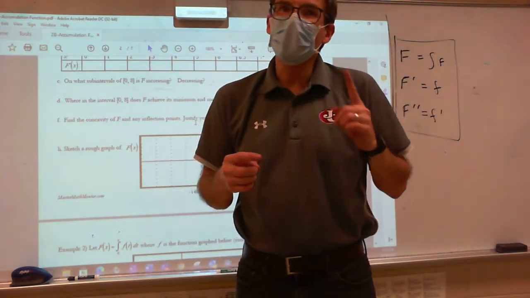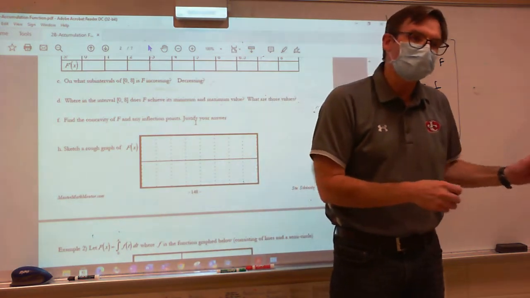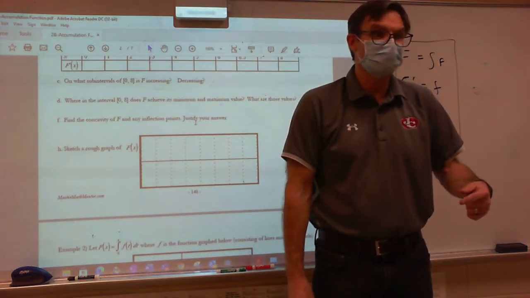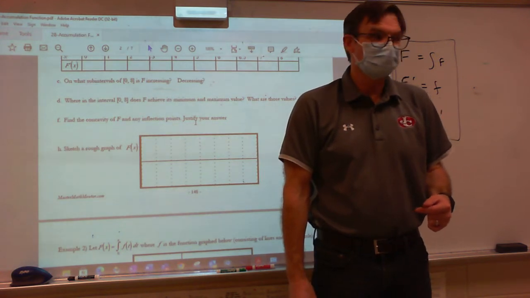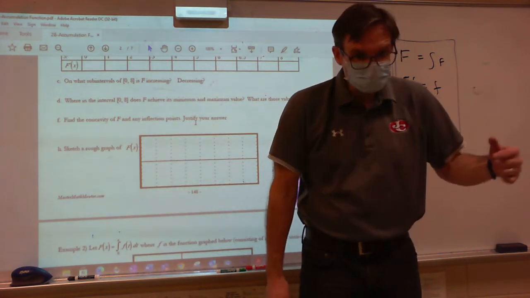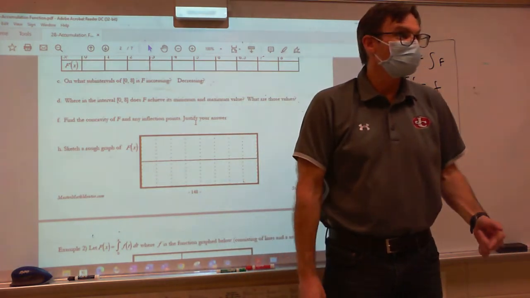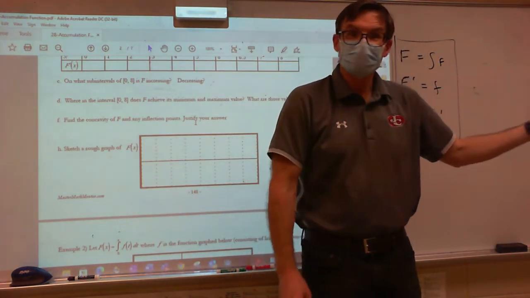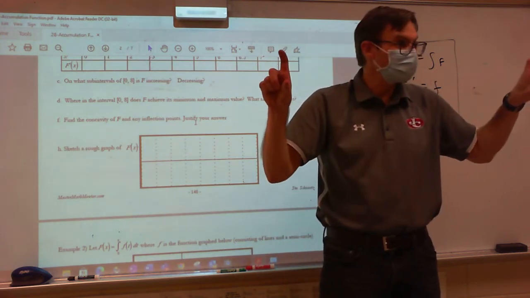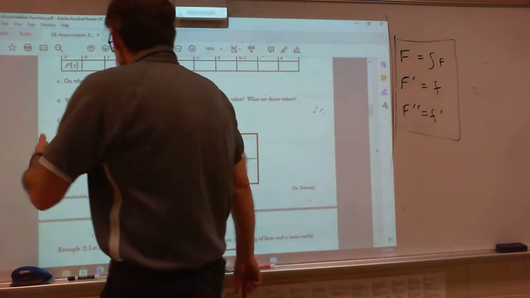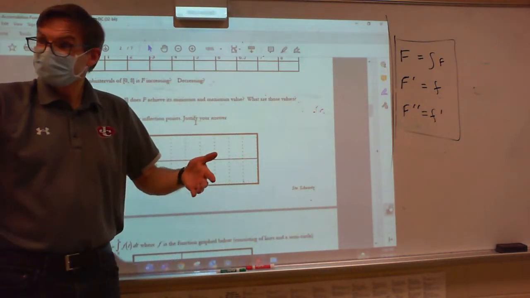And what was the one thing that the AP, the College Board, is not going to grade, that I told you you need to do anytime you do curve sketching? The number line chart. Do you remember that's how we had to deal with them?